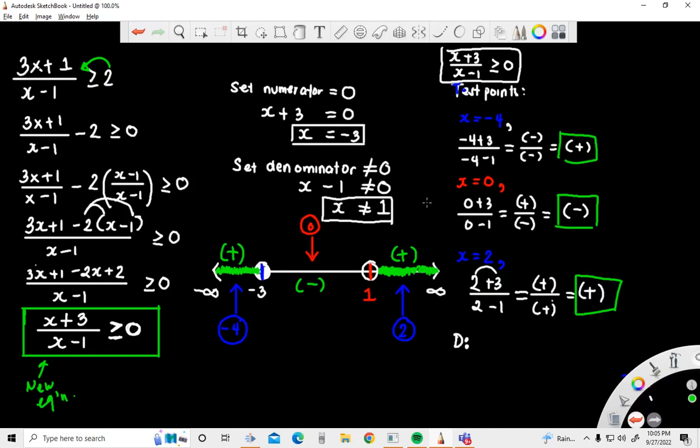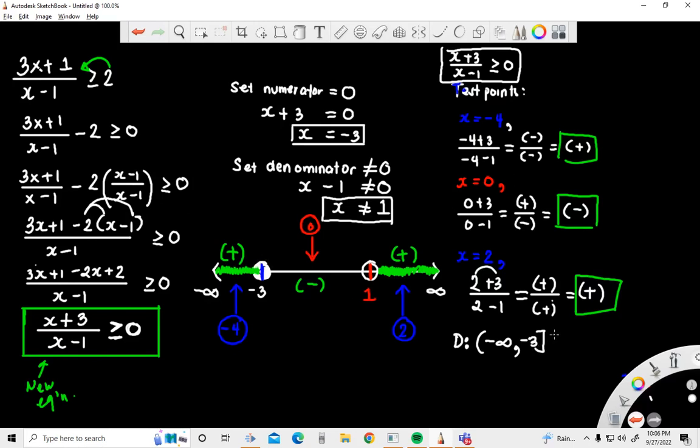Tignan natin, may space dyan sa gitna. So, anong gagawin natin dyan? The final answer in here is negative infinity up to negative 3. Negative 3 is an including number because that is the shaded part.